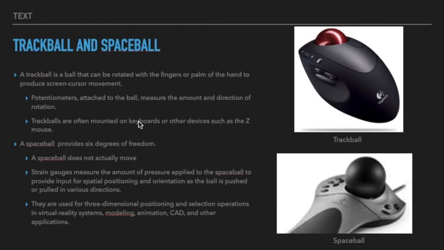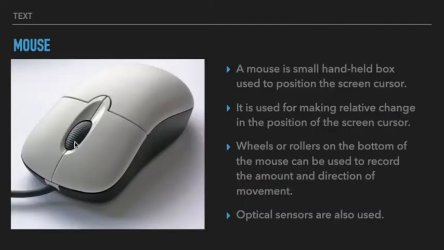Then trackball and spaceball. A trackball is a ball that can be rotated with fingers or palm of the hand to produce screen cursor movements. You must have seen it, or even on a mouse. Here you have a trackball, this ball which can be rolled.